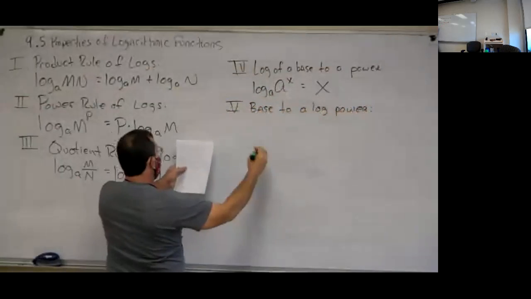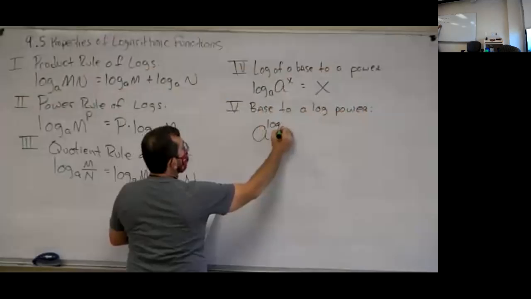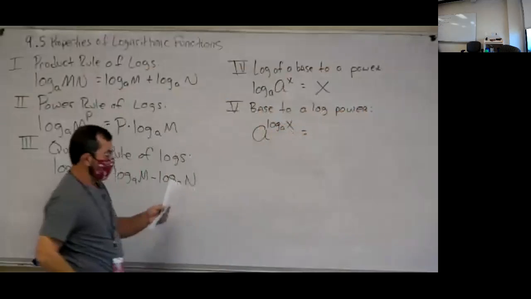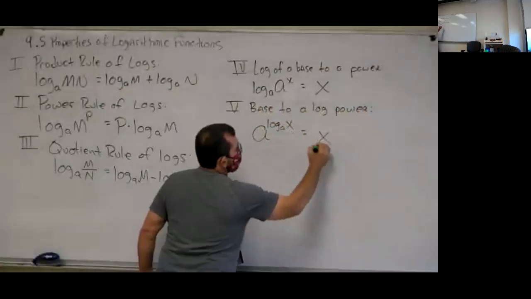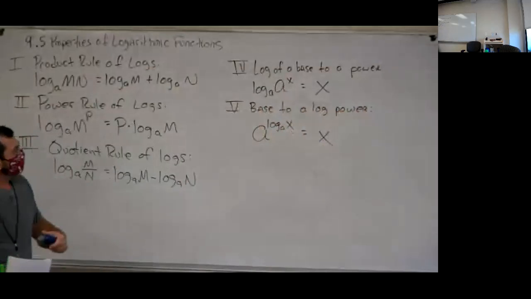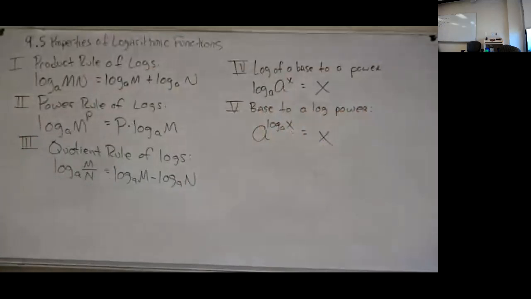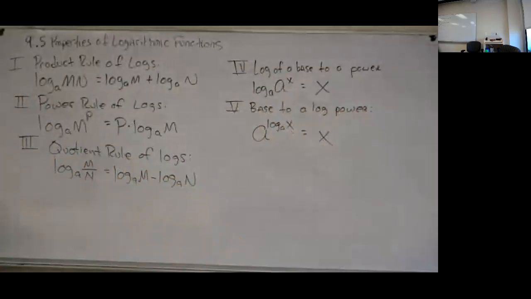So now I'll have A raised to the log base A of X. And in the long run, y'all, all that equals is X. All right, so we'll focus on these three for sure: product rule, power rule, and my quotient rule. But if we see some of those things, we can simplify it quicker, okay?